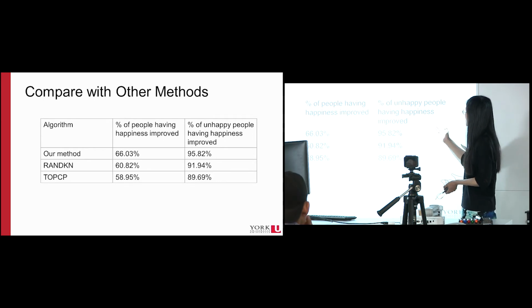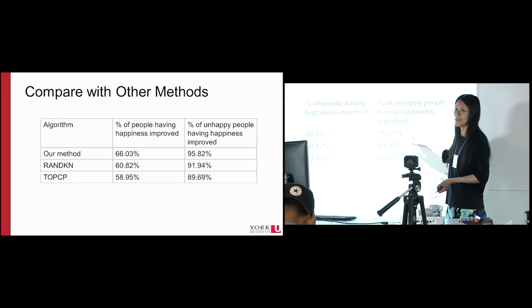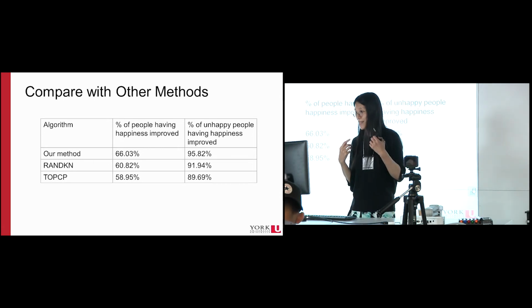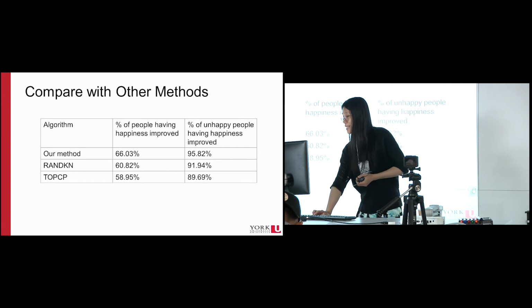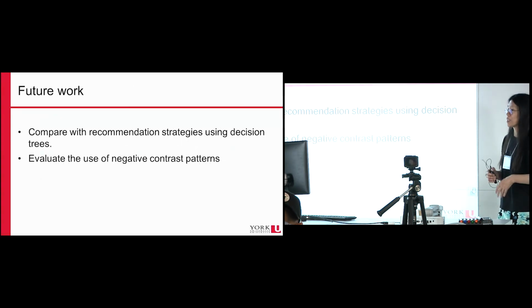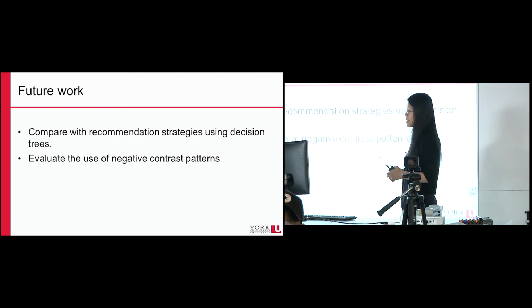In general, you see the percentage of unhappy people having happiness improved is quite high. Our method gave 95%. Our objective is to make unhappy people become happier. Currently, another student is developing another recommender system based on decision trees.